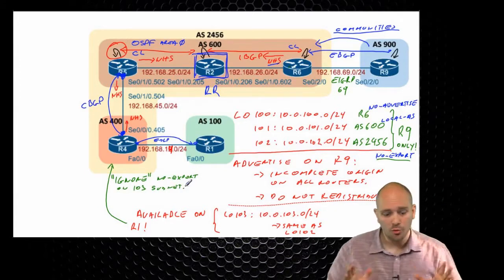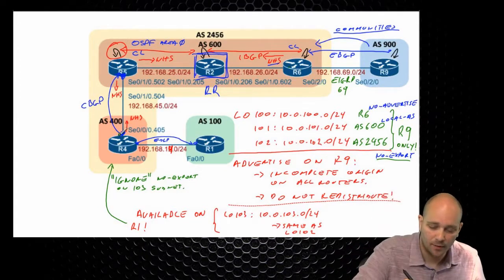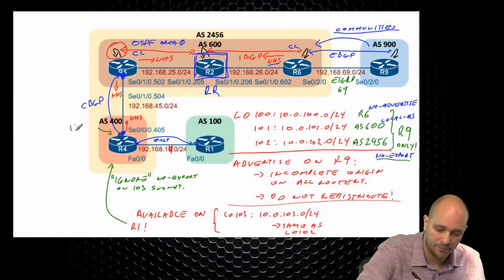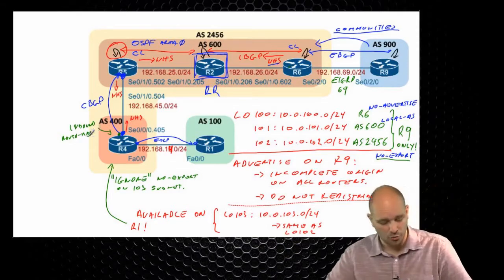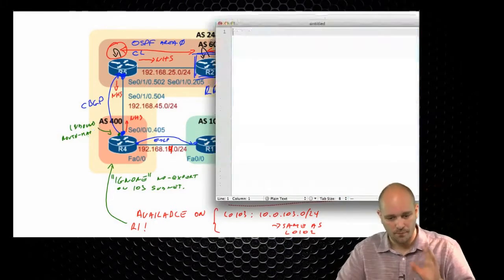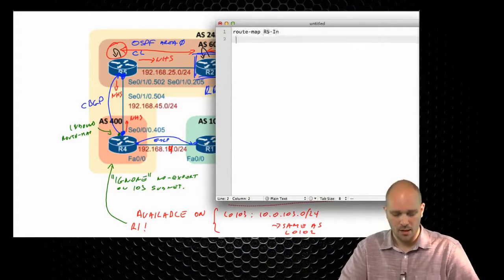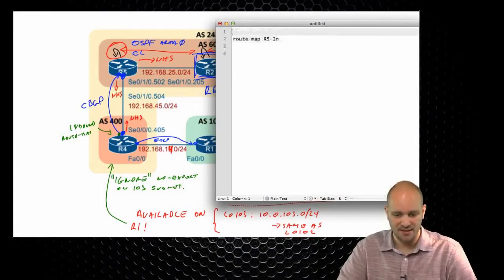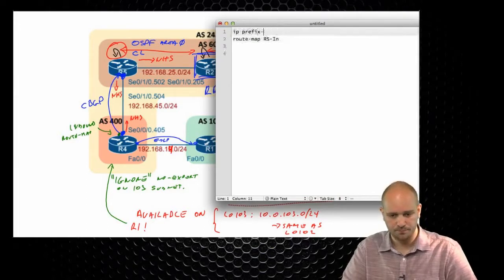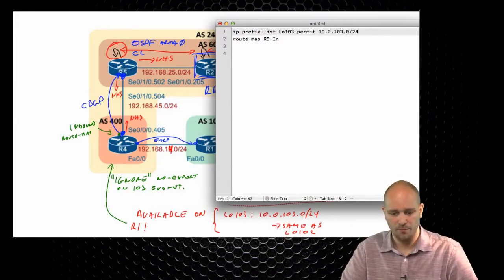Well, to do that, what I need to do is configure an inbound route map to take care of it. So let me show you how that will work. I'm configuring now an inbound route map, route map R5-in, and I'm going to create an IP prefix list, loopback 103, permit 10.0.103.0/24.